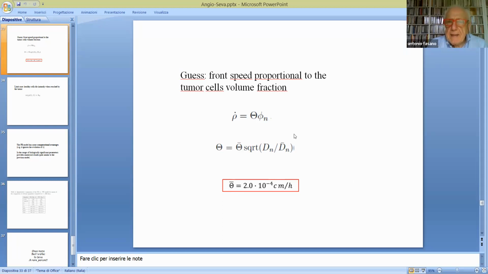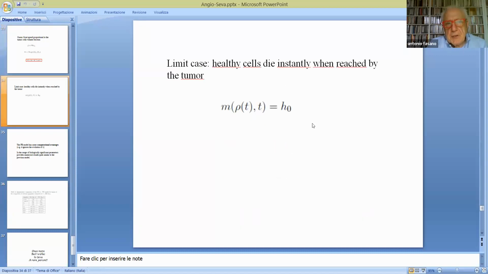Now we can reproduce all the calculation, taking the limit case in which the healthy cells die instantly when they are reached by the tumor.